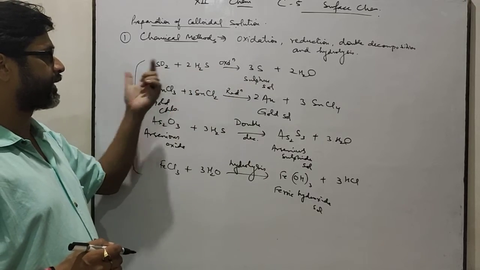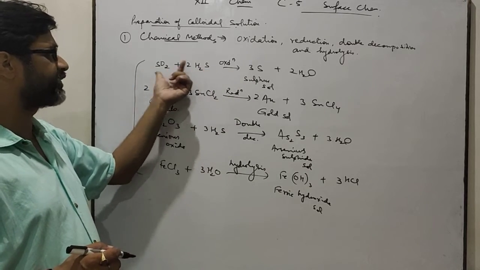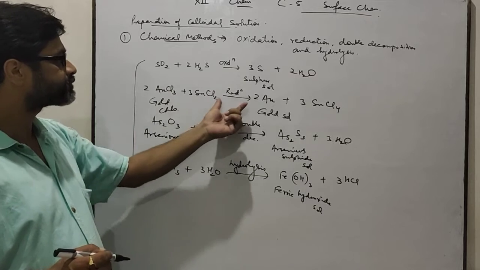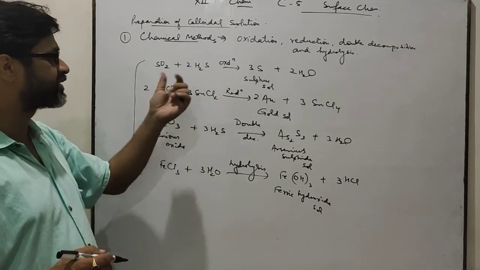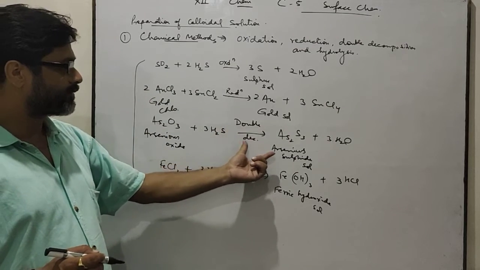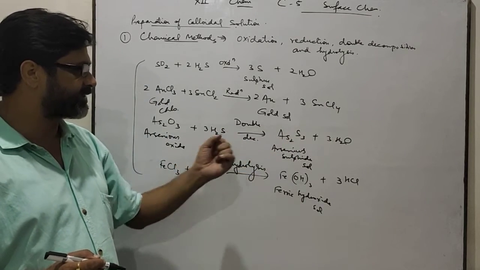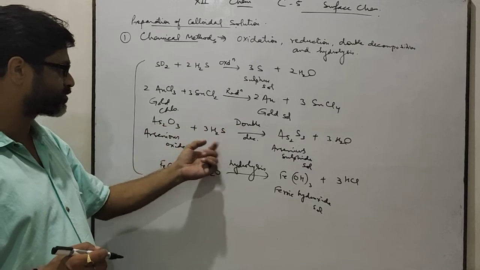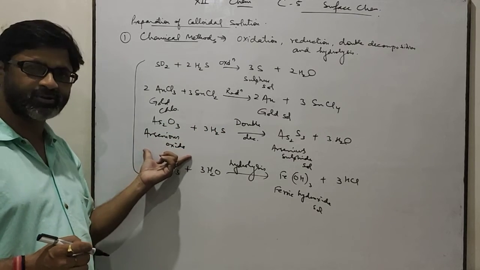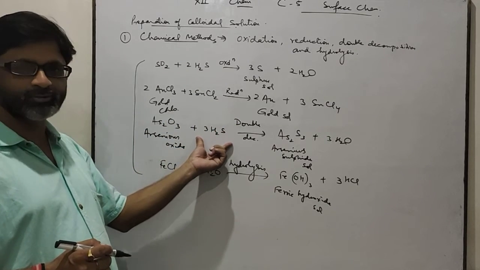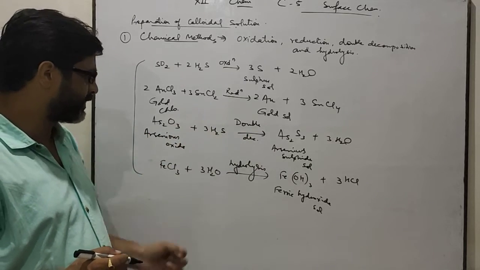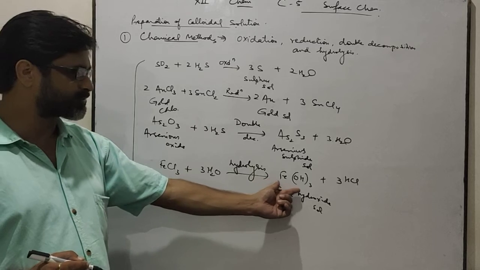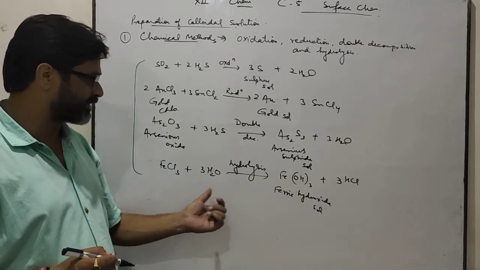Sulfur sol is prepared by oxidation of hydrogen sulfide with sulfur dioxide. Gold sol is prepared by reduction of gold chloride with stannous chloride. For the formation of arsenic sulfide sol, we use the double decomposition method. In this method, arsenic oxide is reacted with hydrogen sulfide and they react together and form arsenic sulfide. Hydrolysis process is used for the formation of ferric hydroxide sol.